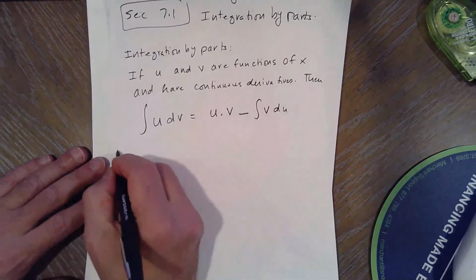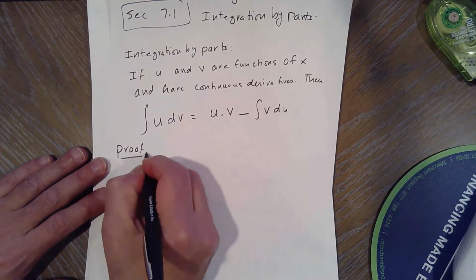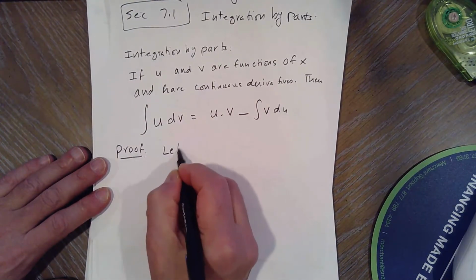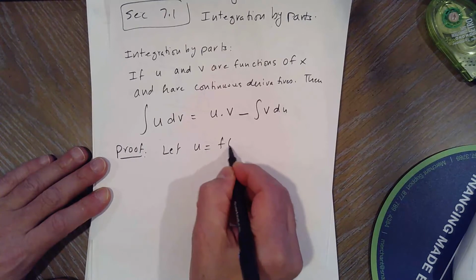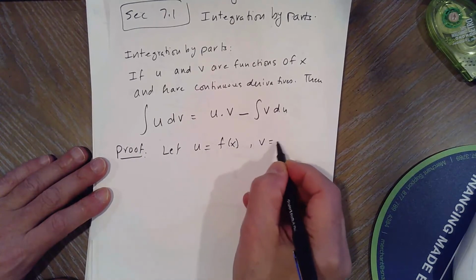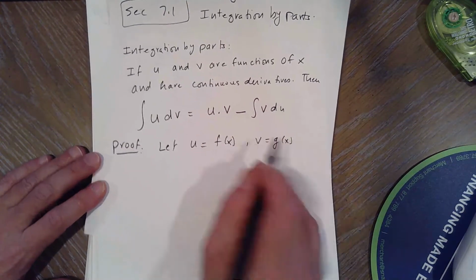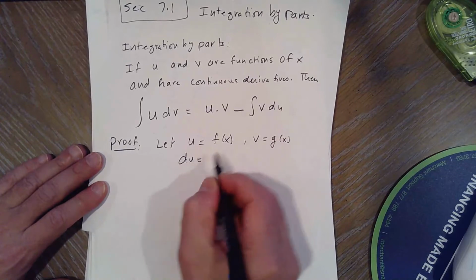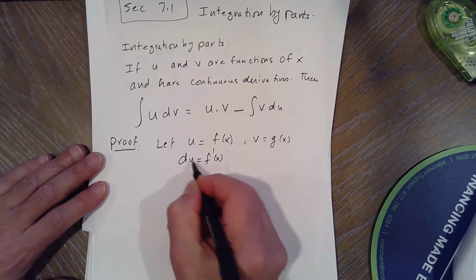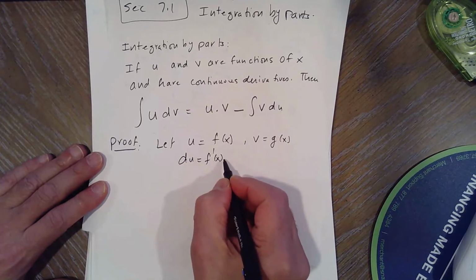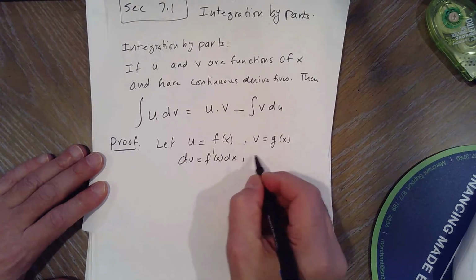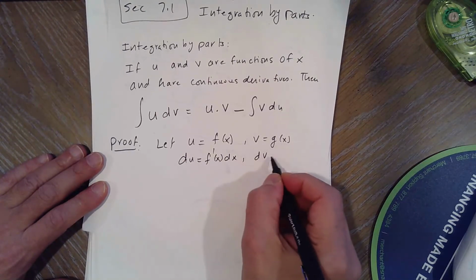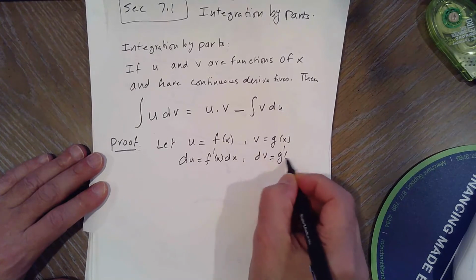Let's prove this just to see where this came from. So if we let u equals f of x and v equals g of x, then du would be f prime of x dx, because du by dx is f prime, and dv, again dv by dx is g prime, so dv is g prime of x dx.